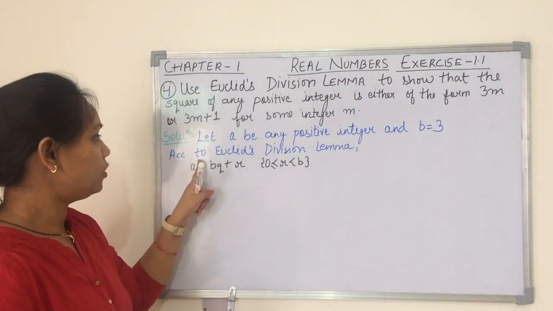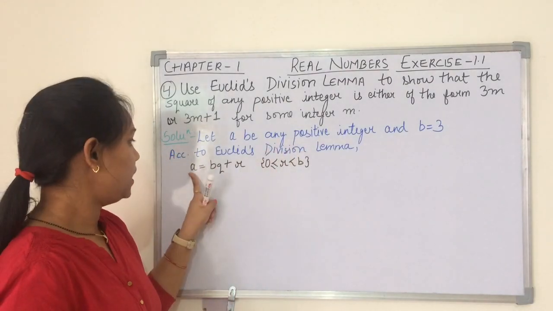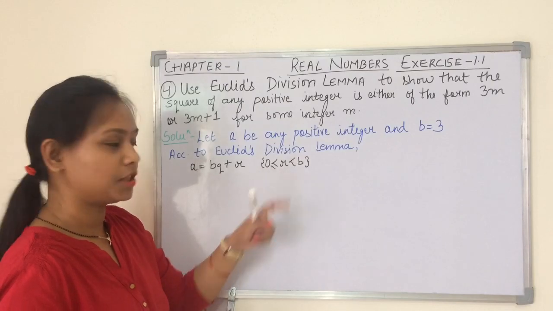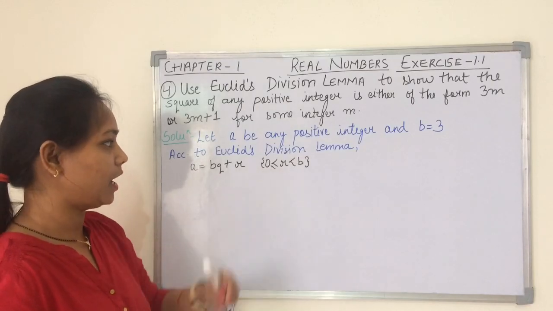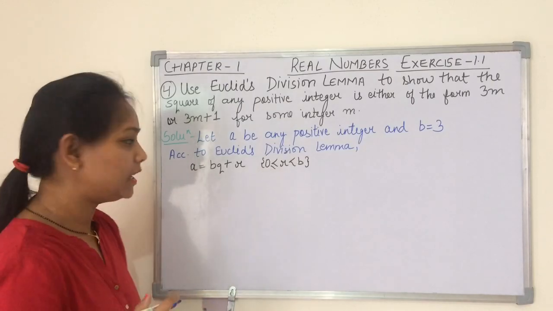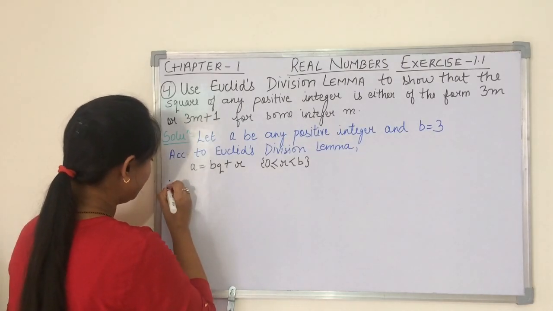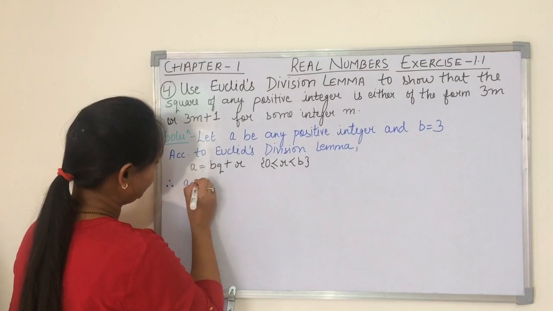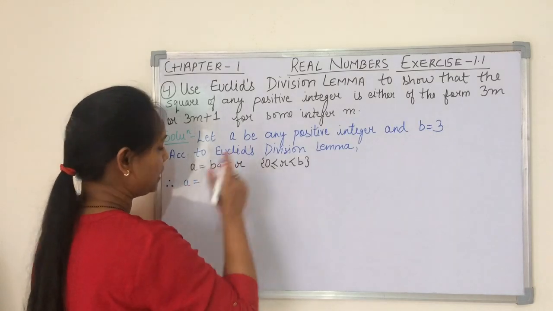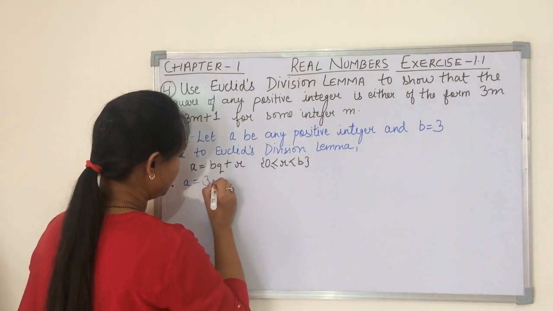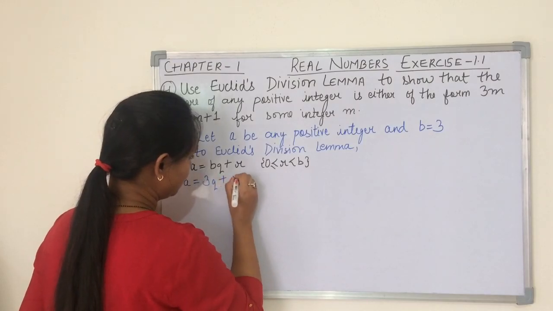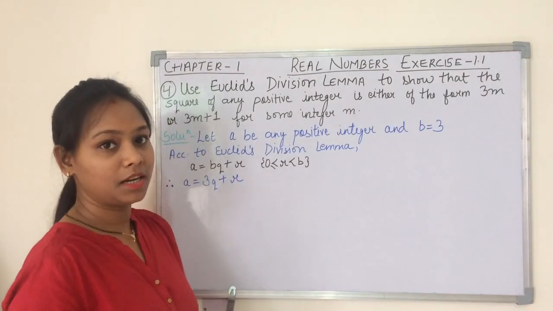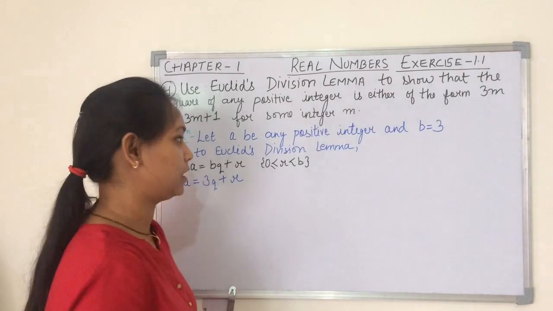Now according to Euclid's division lemma, a is equal to bq plus r such that r is less than b and greater than or equal to 0. So if we put this lemma into the question, as we have taken b as 3, the value of a will become 3q plus r. अब इस क्वेश्चन में r की पॉसिबल वैल्यूज क्या क्या हो सकती हैं?